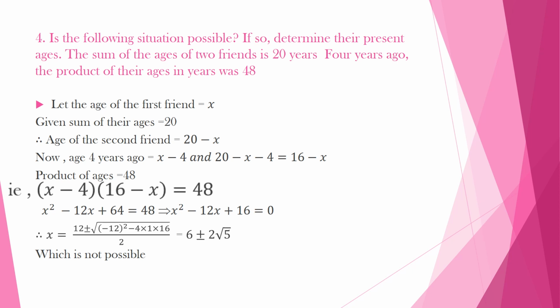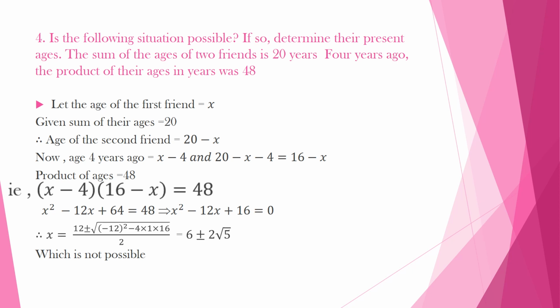Multiplying x minus 4 into 16 minus x, we have x square minus 12x plus 64 equal to 48. Transposing 48, our equation becomes x square minus 12x plus 16 equal to 0.